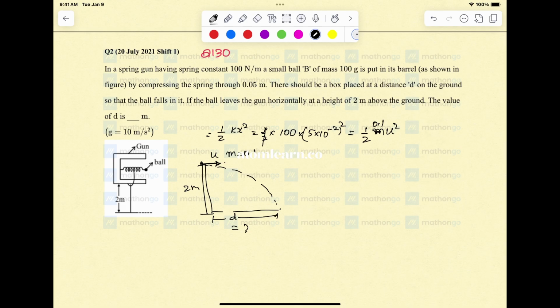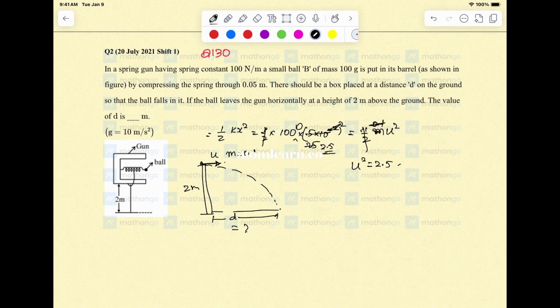Therefore, this 0.1 cancels off, and this is 1000. Then u squared is 25 into 10 power minus 4 times 1000, so u squared equals 2.5.